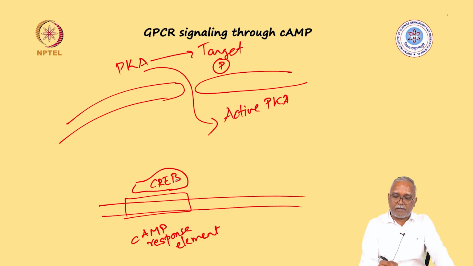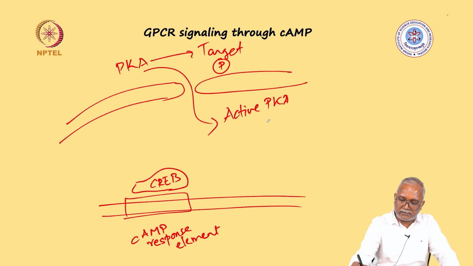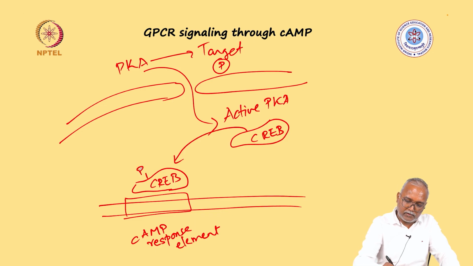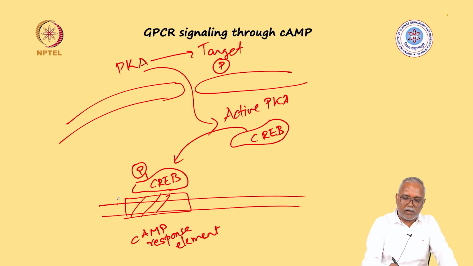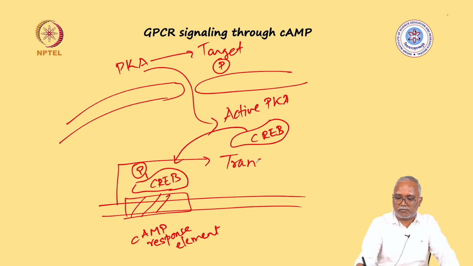But this binding can happen only when active pKa is inside the nucleus and has phosphorylated the CREB. So, you will get a phosphorylation tag. Now, this CREB, which is phosphorylated, binds to this region, and through help of other protein, that will activate the transcription process.